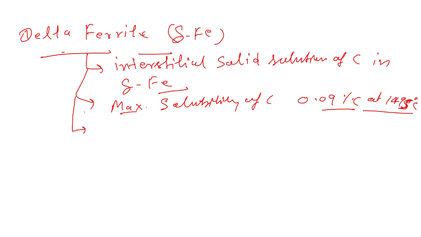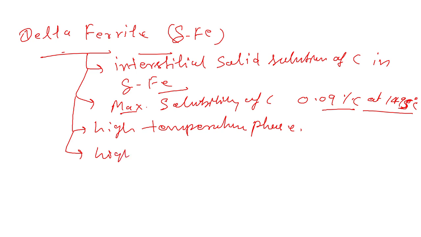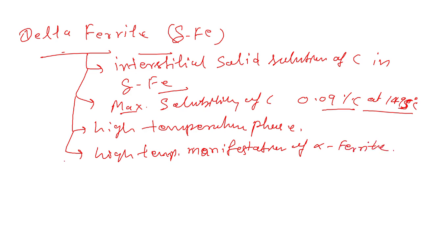It is the high temperature phase, and it is the high temperature manifestation of alpha ferrite. The magnetic property is paramagnetic.